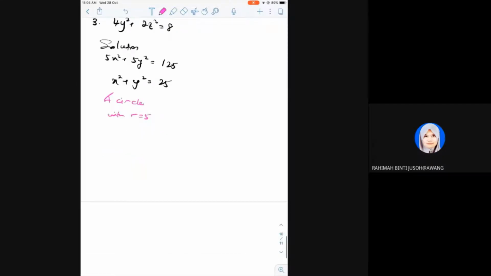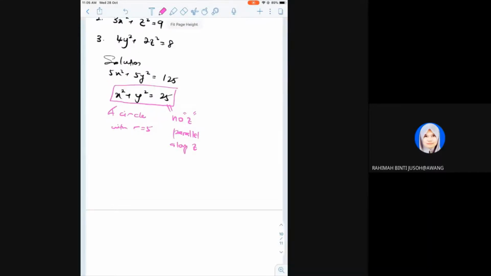So now, in this equation, there is no variable what? No z. So this circle should be parallel along z. Okay, so parallel along z. So what you should do, just straight away sketch the graph in 3D.